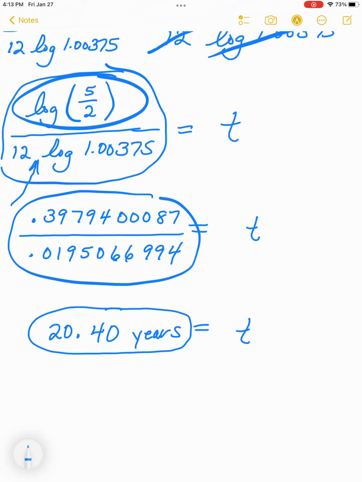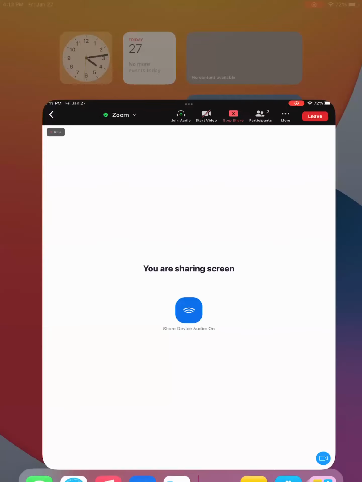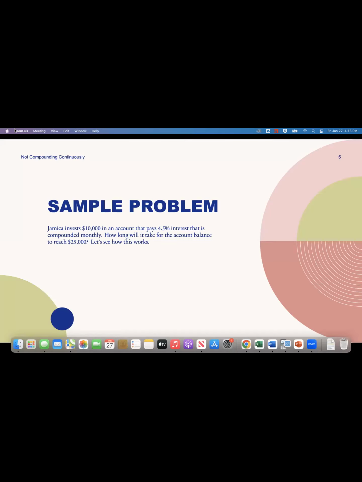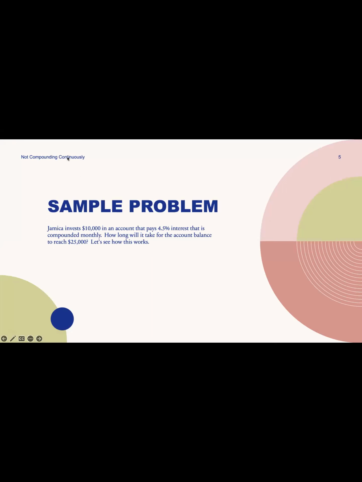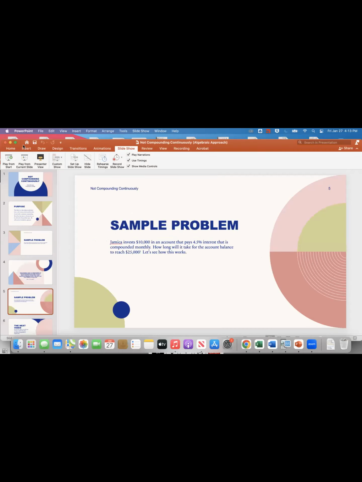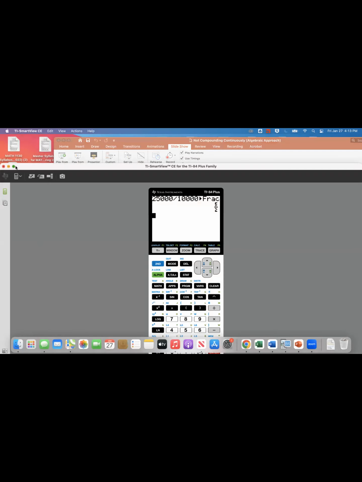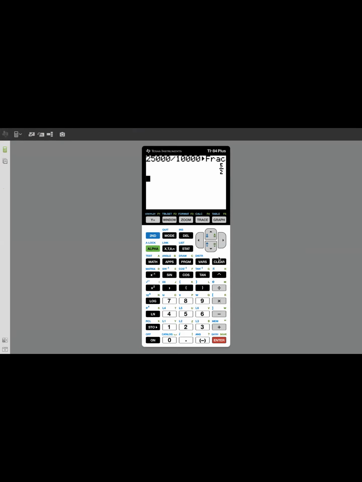All right, guys, let me switch my screen just real quick. I do want to just show you real quick on the calculator how we did those calculations, just in case you may have gotten lost.